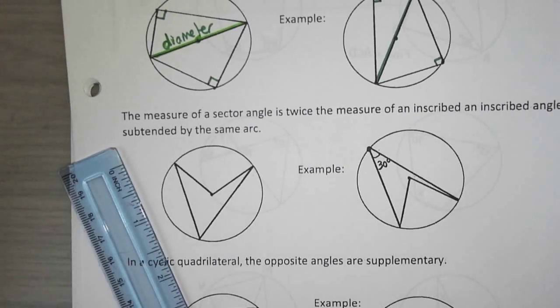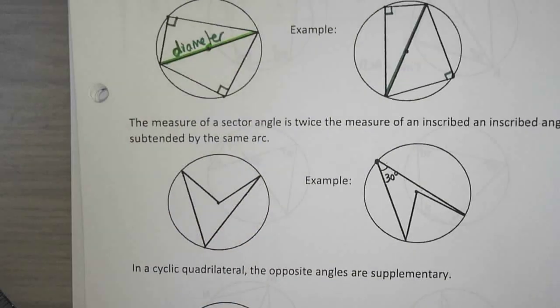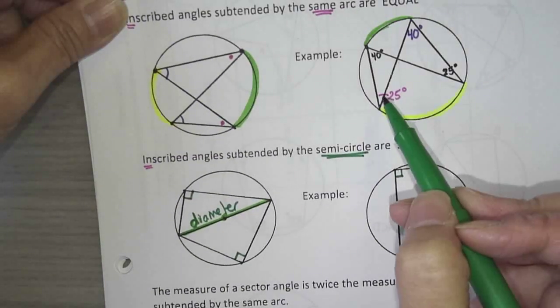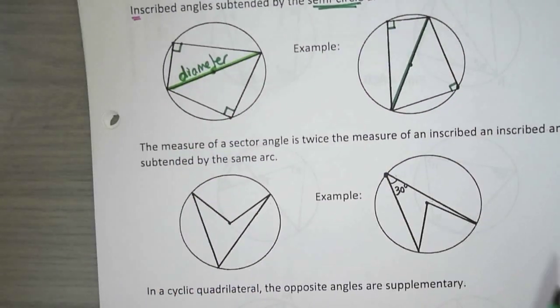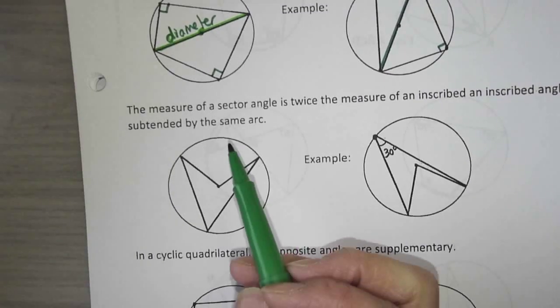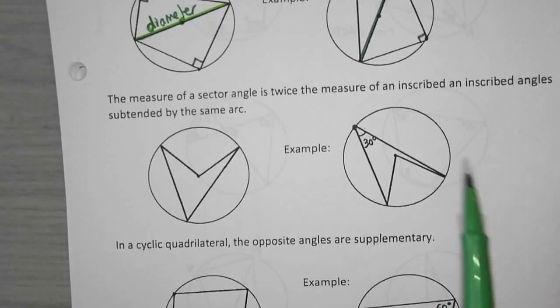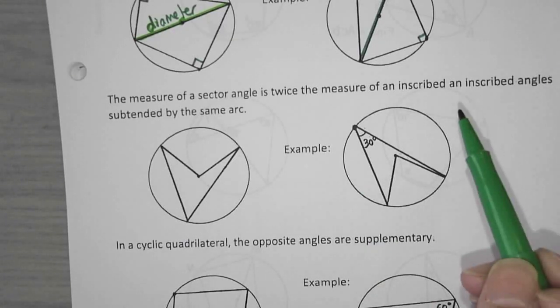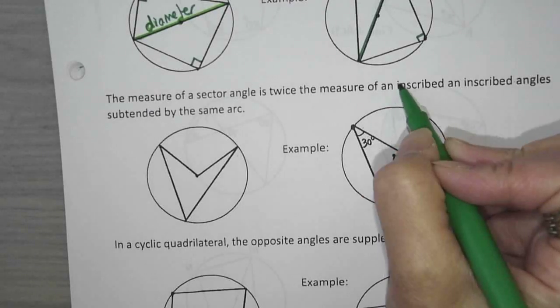Now, the next one. There are 4 of these rules. So far we have this one, subtended by the same arc, so same. And then here, 90 degrees when it goes through from the diameter. The next one is the measure of a sector angle is twice the measure of an inscribed angle. Oh sorry, I have that written twice.